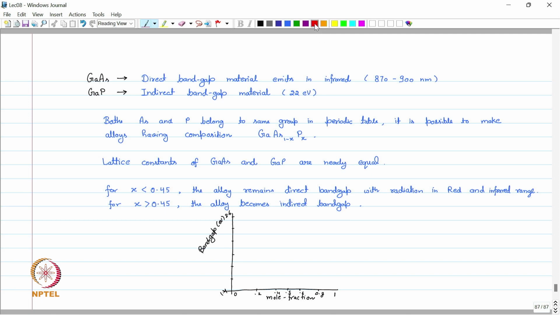So now we have two graphs. One is for the direct band gap, which starts from, let's say, 1.4, and it goes like this. This is for the direct band gap.